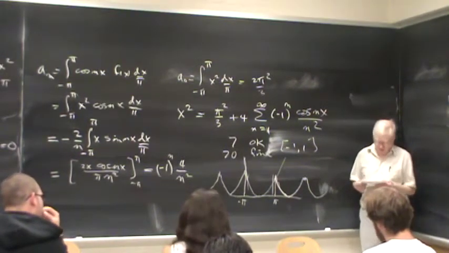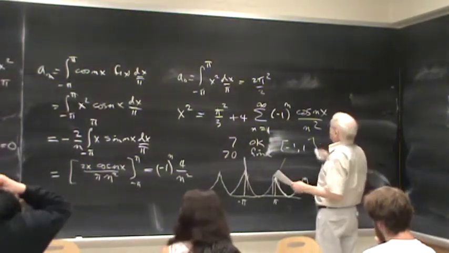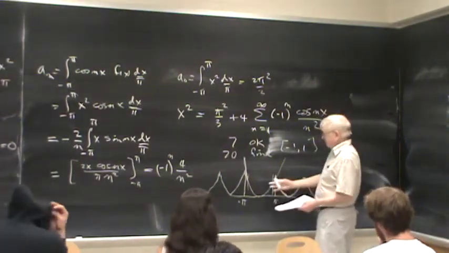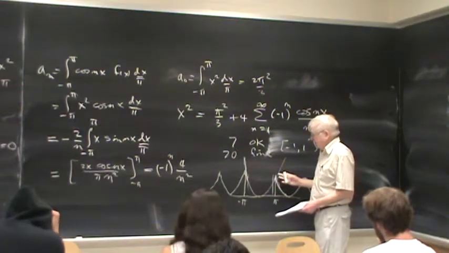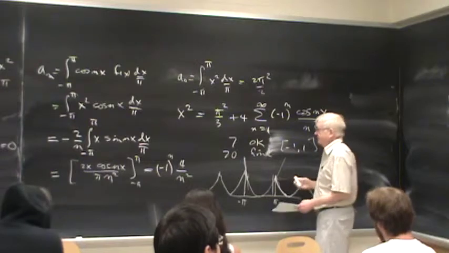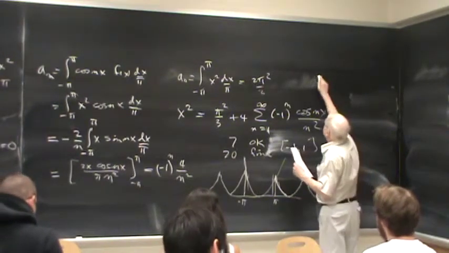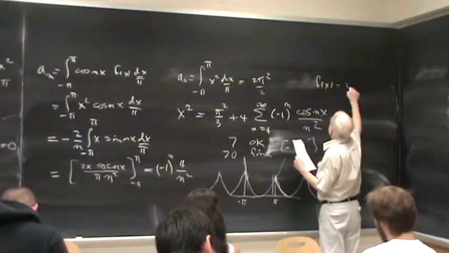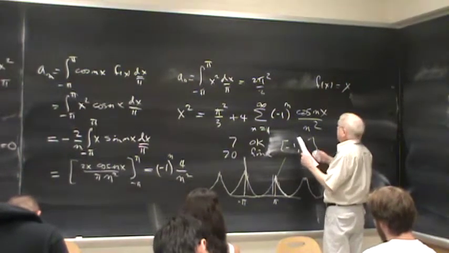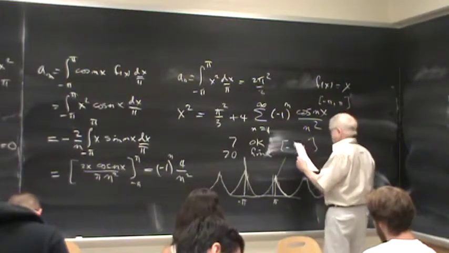Let me give you a more dramatic example of the Gibbs overshoot. Although actually, this probably is more dramatic than the one I'm about to give you, but the one I'm about to give you is a little bit easier to estimate. So let's just take f of x equal x. And again, let us take the interval from minus pi to pi.